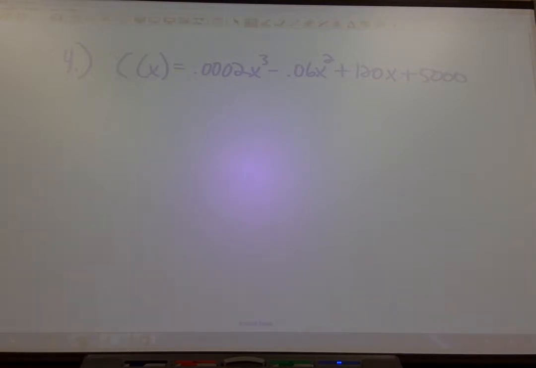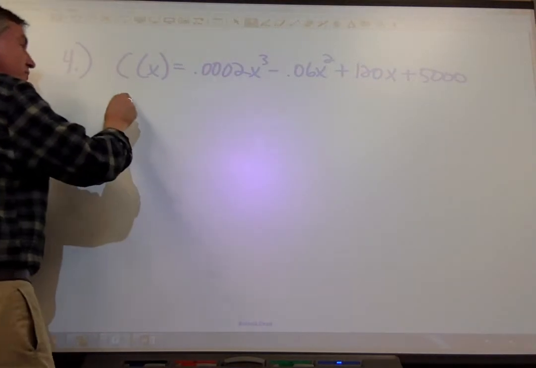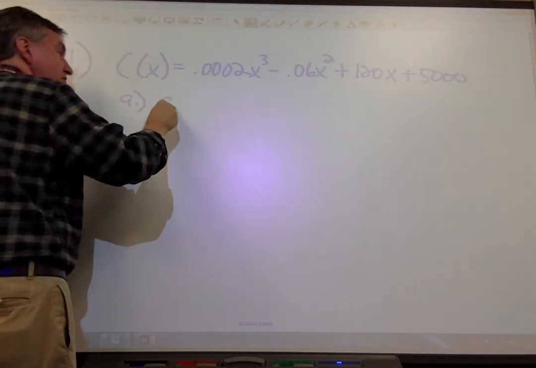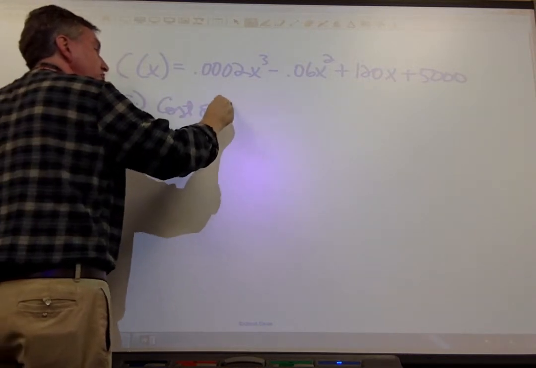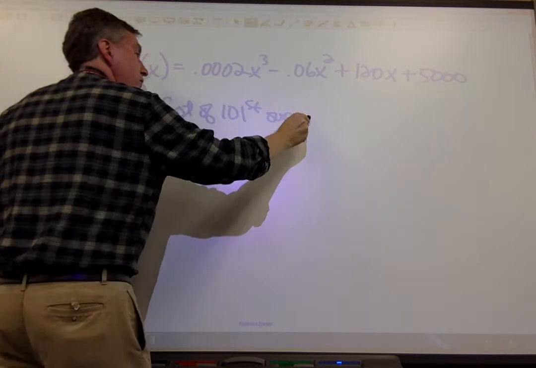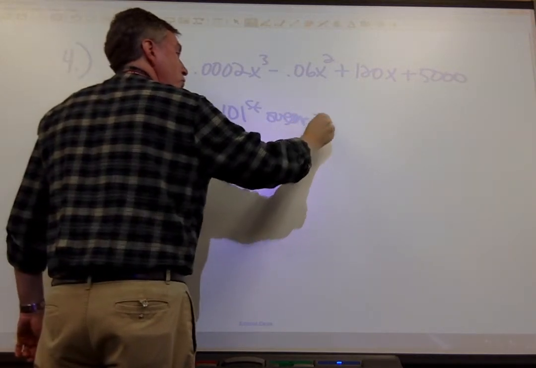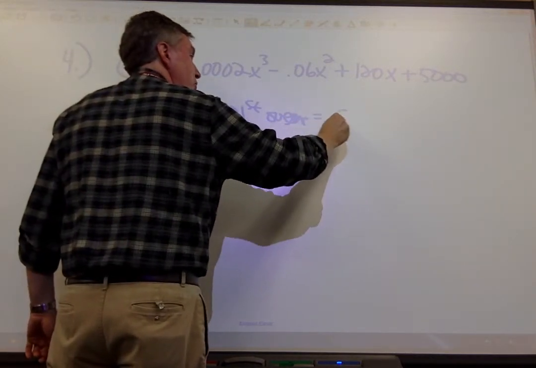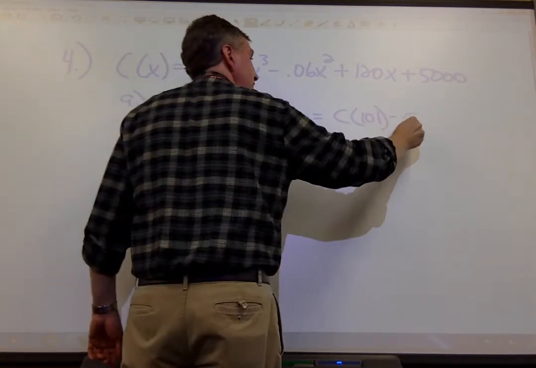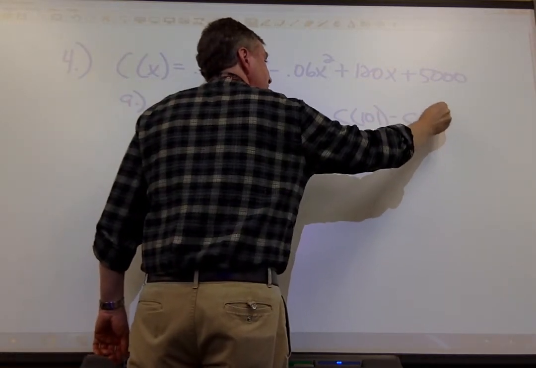This is what I would do. Would you agree with me for part A? The cost of the 101st oven would just be, if you said, what's the cost of making 101 and subtracting out the cost of making 100.